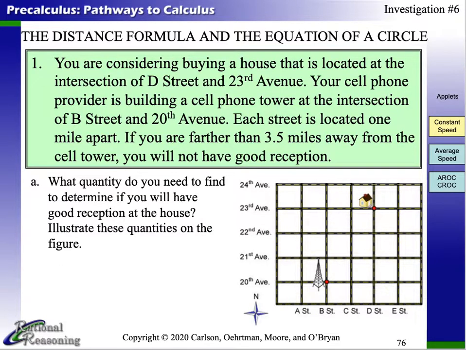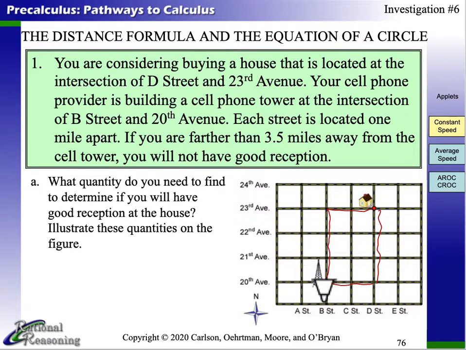So here, the distance formula. The distance formula is to calculate the straight line distance between two places. Now, in city streets, if you're going through the streets, typically we have to follow some kind of a path, going down the streets from one place to the next, or we could go north and then over.